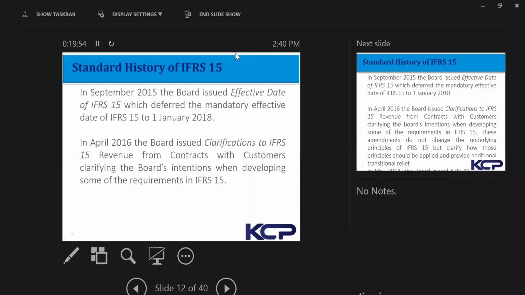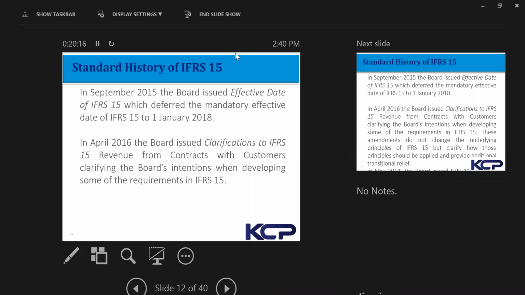Okay, so in September 2015, the board issued Effective Date of IFRS 15, which deferred the mandatory effective date of IFRS 15 to 1st of January 2018. So the standard we are talking about was not actually issued in 2018. Of course, you know that is not possible.